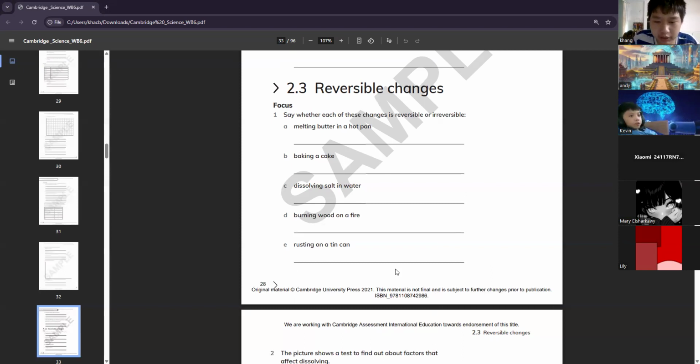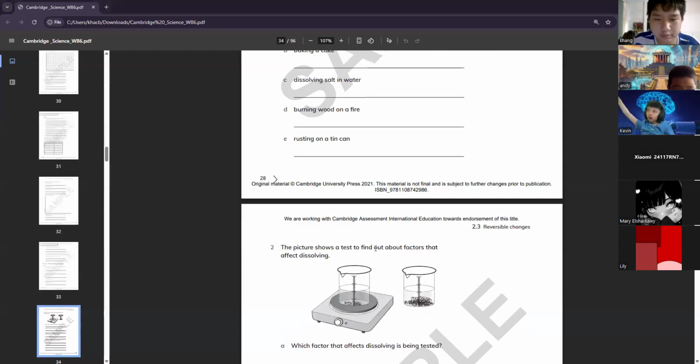Is that reversible or irreversible? It is irreversible, because it will turn into ash and cannot turn into wood again. Yep, that is correct. Now, what about rusting on a tin can? Can you unrust it? No.